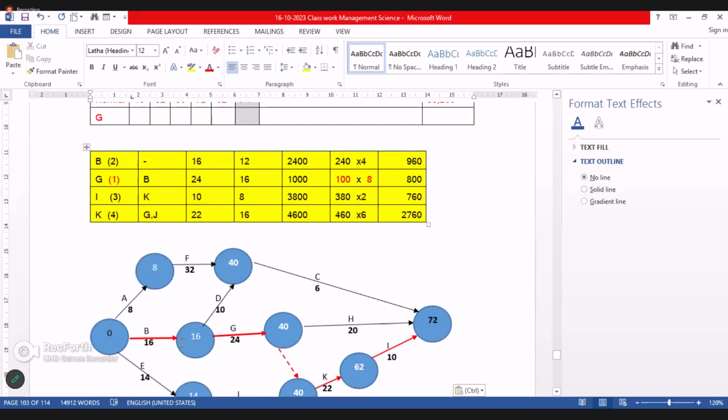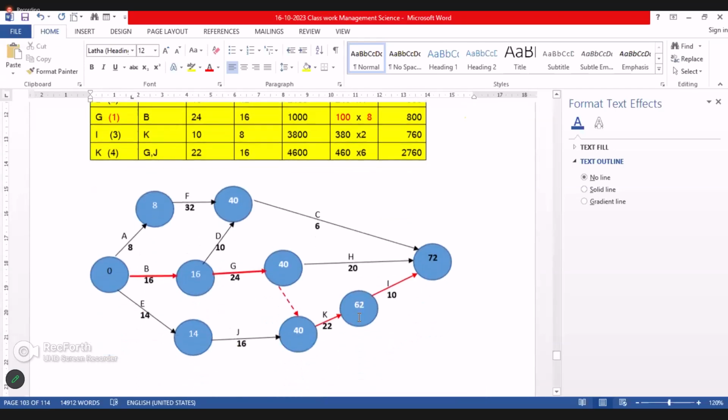Now I copy the normal diagram again. You see the effects: if you take G, activity G is here.